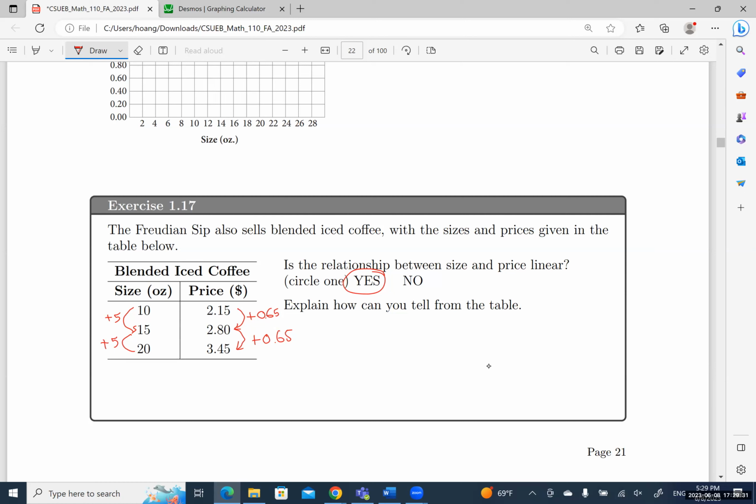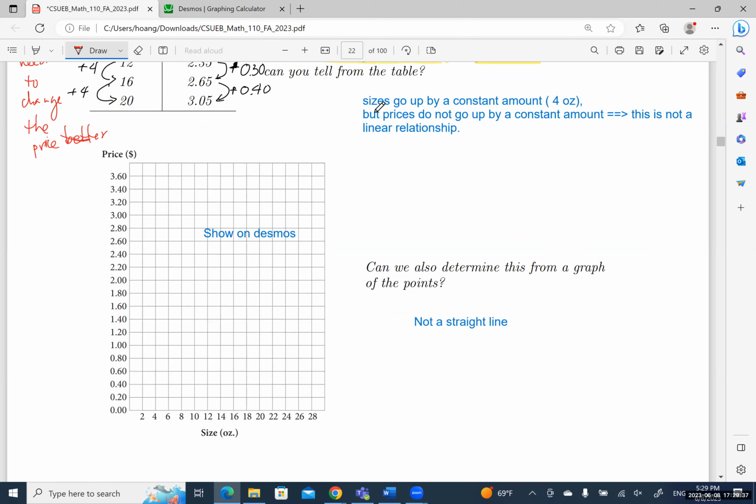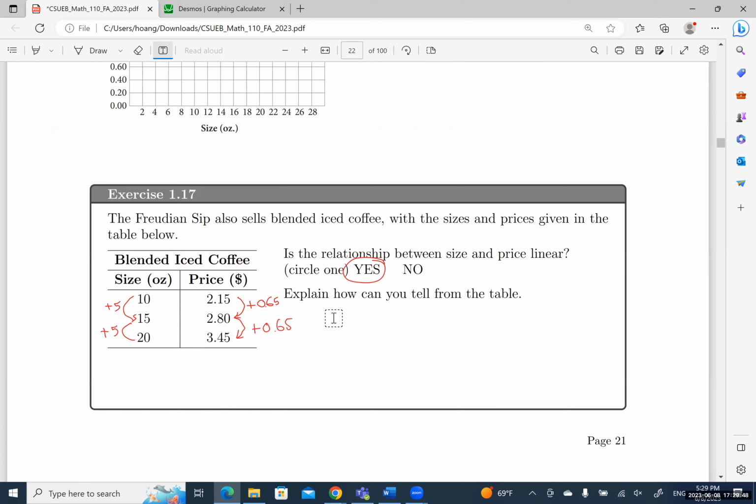So I'm just going to save my line by copying this one, and then I put it down here.